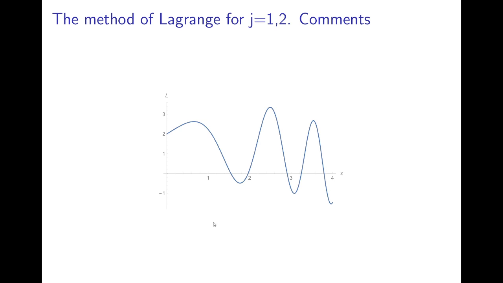So if we look at here again a simplified picture where we have a Lagrangian function, a hypothetical one with multiple maxima and multiple minima, and say the domain goes from 0 to 4 here in x. So then we would need to check for all of these points whether they are a maximum or a minimum.